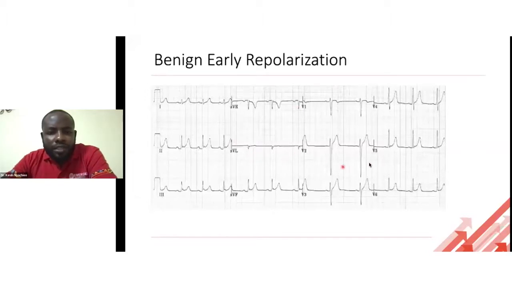Again, if you're still thinking of STEMI, do troponins. If they come back normal, cement your decision. Usually it's in the young; you should not be making this diagnosis in somebody above 40 years old who has this pattern. Always do troponins, always escalate to your seniors, to your cardiologist. So, benign early repolarization pattern.